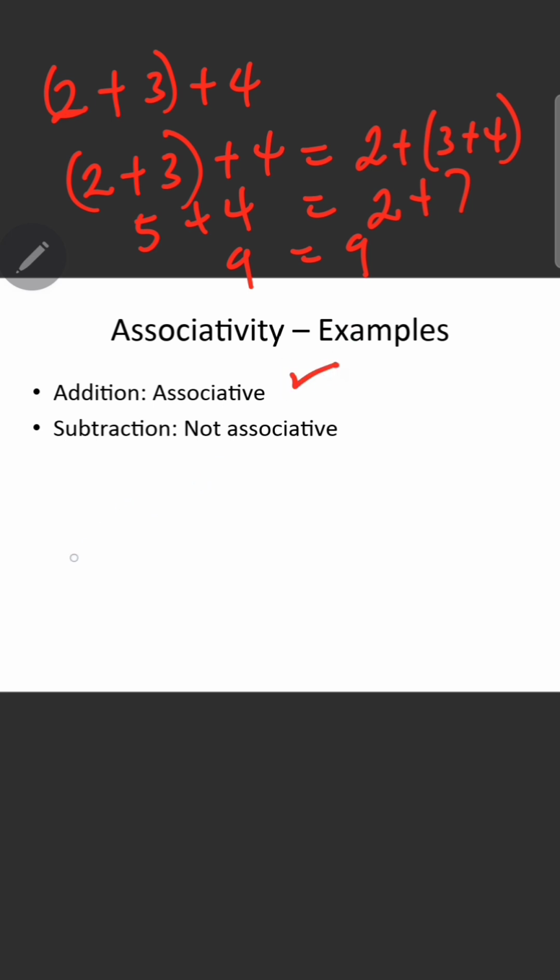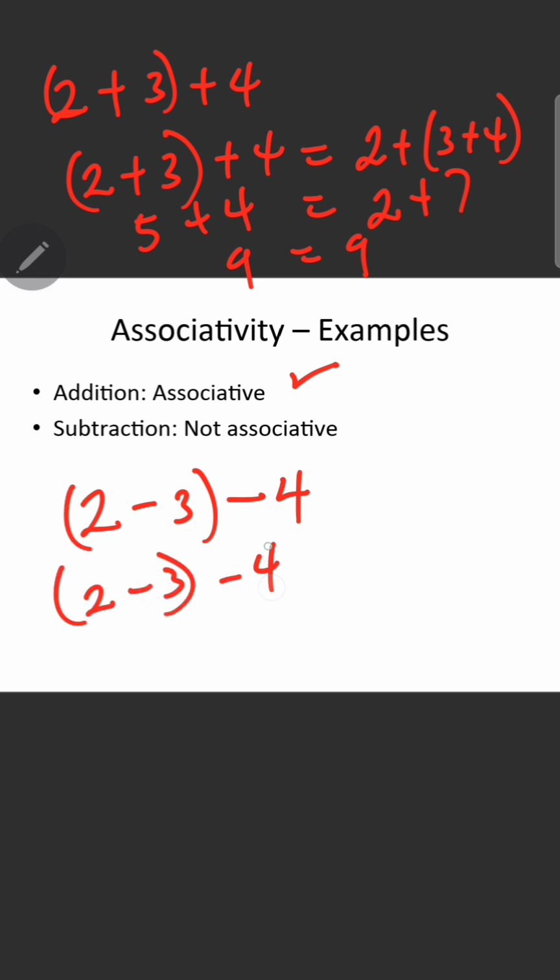So under addition, it is associative. But for subtraction, let's say you have 2 minus 3 minus 4. If I take the first two together, 2 minus 3, minus 4, it cannot give us the same thing as 2 minus, 3 minus 4. This one will give me 2 minus 3, which is minus 1, then minus 4, which gives me minus 5.